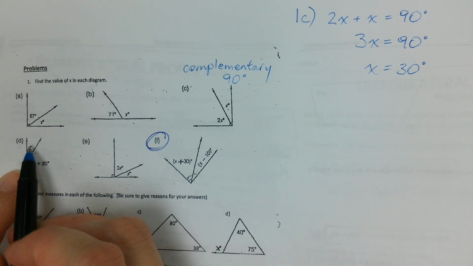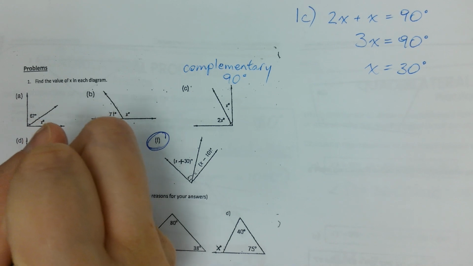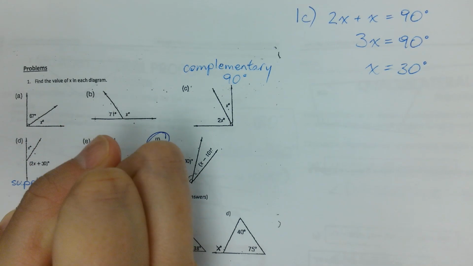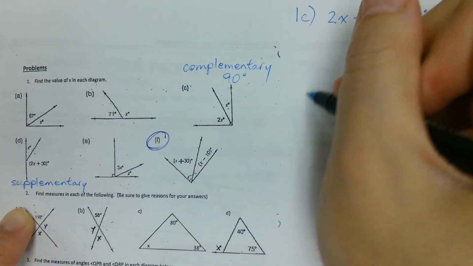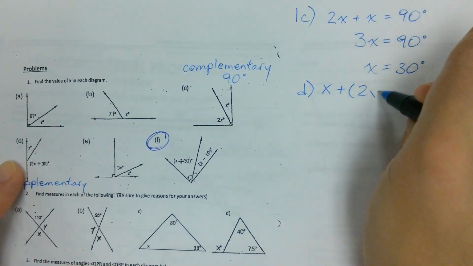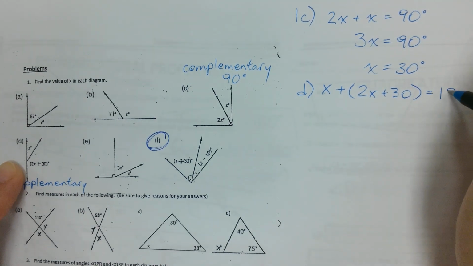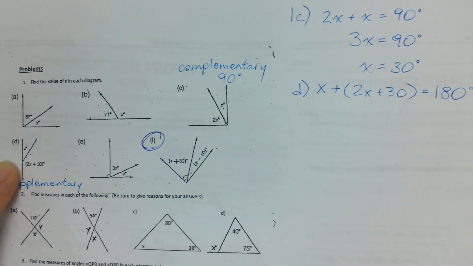Similarly for this one, supplementary, because it's a straight line that adds up to 180 degrees. So for D, it's going to be x plus 2x plus 30, and it's going to equal 180 degrees because it's a straight line.